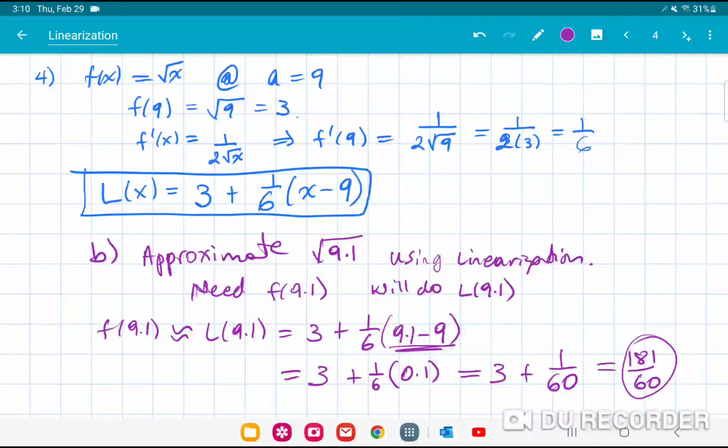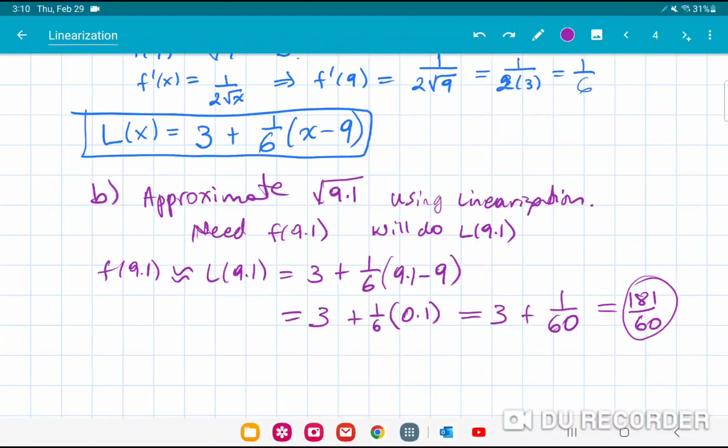But now we didn't simplify. 9.1 minus 9 happens to equal 0.1, and working with that simple number is much closer. Okay, so this will be the last example that I want to do today. I will come back to a few more examples when we get back to class after the break.